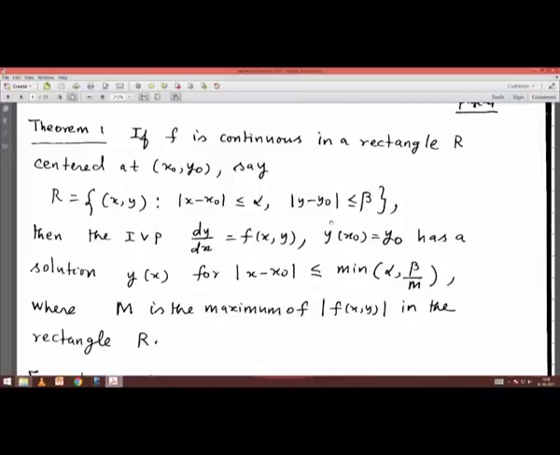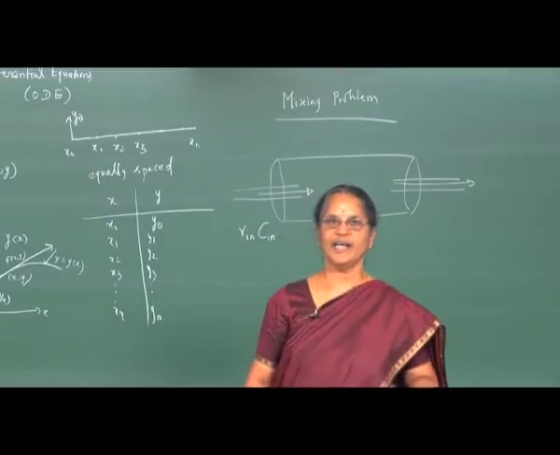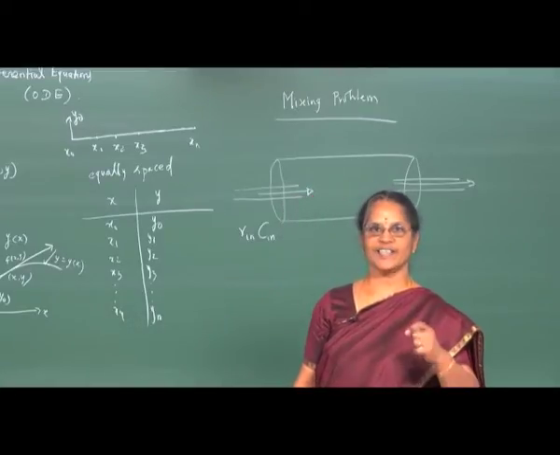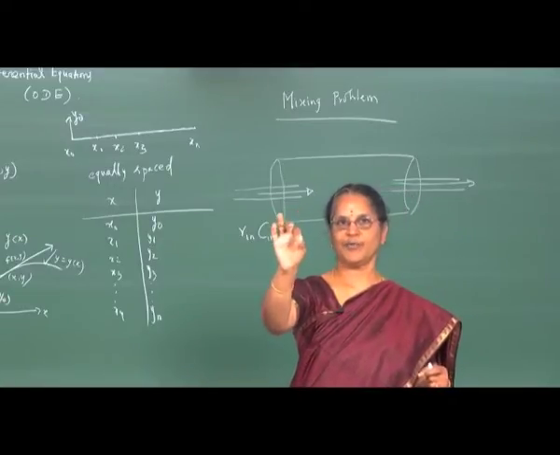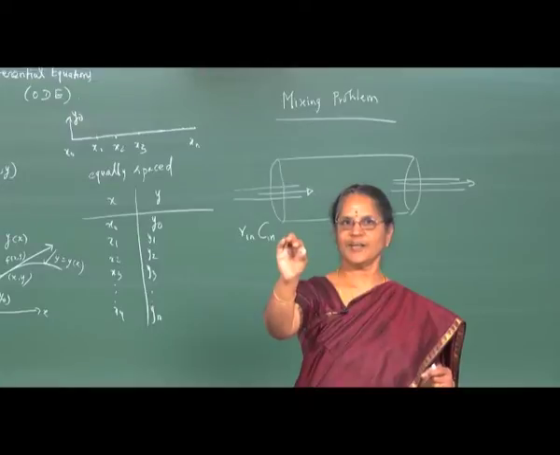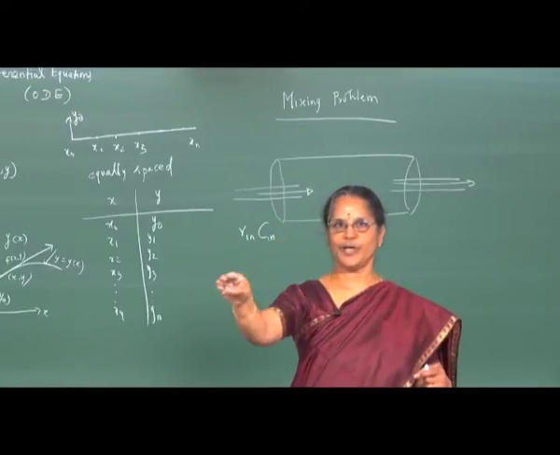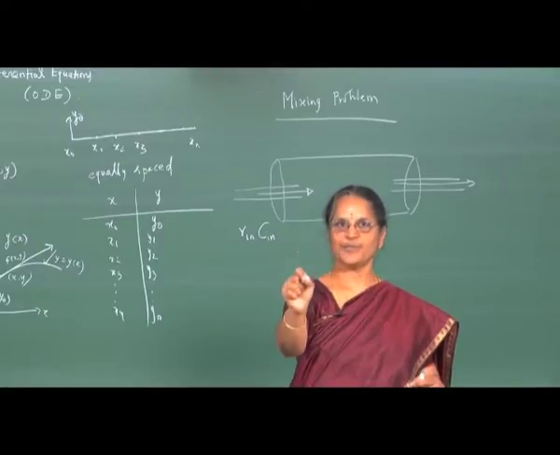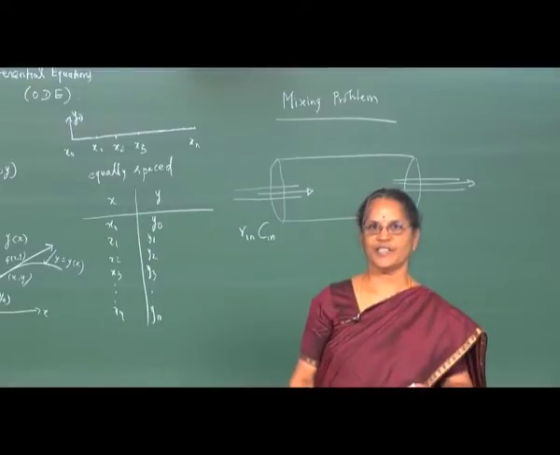So, how are you going to describe this rectangle R? This rectangle R is the set of all points x comma y such that mod x minus x naught is less than or equal to alpha and mod y minus y naught is less than or equal to beta. So, the center of the rectangle is x naught comma y naught. What is this x naught comma y naught? Our initial condition says y of x naught equal to y naught. So, the center is this point x naught comma y naught at which the initial condition is specified.